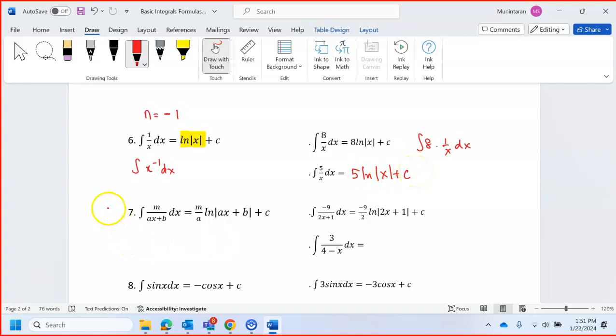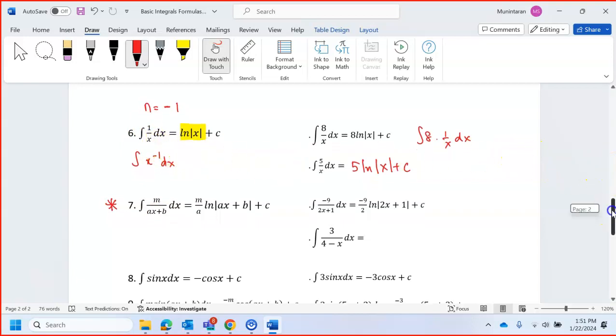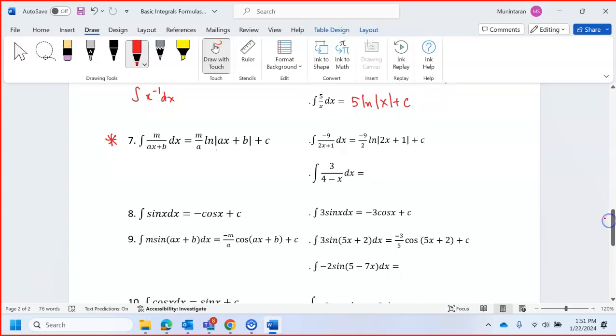And of course, the formula number 7 is the most important. The 6 and 7, they are the same actually. M is 1, A is 1, B is 0. So, again, it is only for ax plus b. Ax plus b means linear, nothing else.